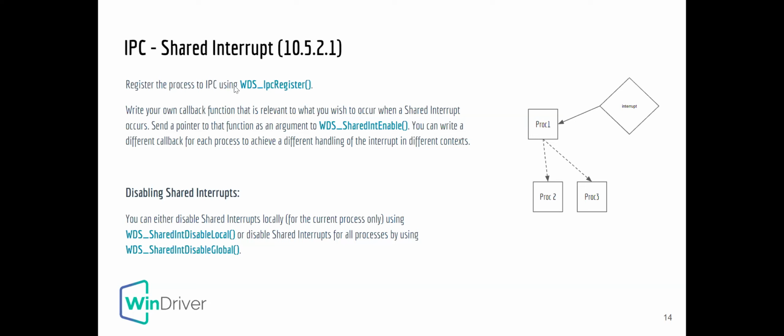So we talked about the IPC register. Then we need to send a pointer to that function as an argument to WDS shared int enable. After we've done that, we need to disable the shared interrupt, and this is done using these two functions. Let's see a demo.